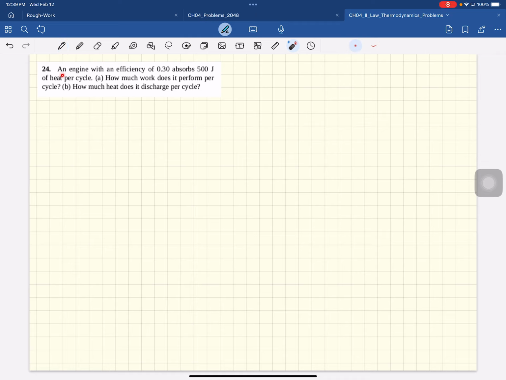Okay, this problem says an engine with an efficiency of 0.3 absorbs 500 joules of heat per cycle. How much work does it perform per cycle? The efficiency is defined as work done divided by heat absorbed. So the work done is efficiency times the amount of heat absorbed.